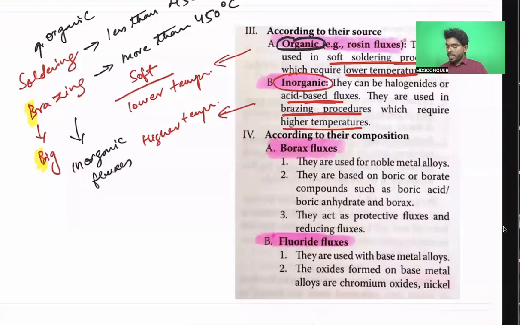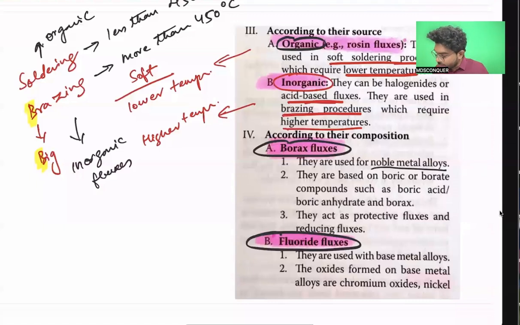Next, based upon their composition, it is very important: you have borax fluxes and fluoride fluxes. The most important thing is the type of flux used for noble metals. For noble metals, you use borax fluxes, whereas for base metals, you use fluoride fluxes.